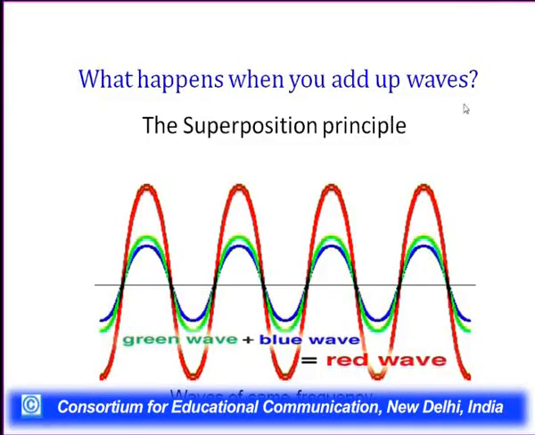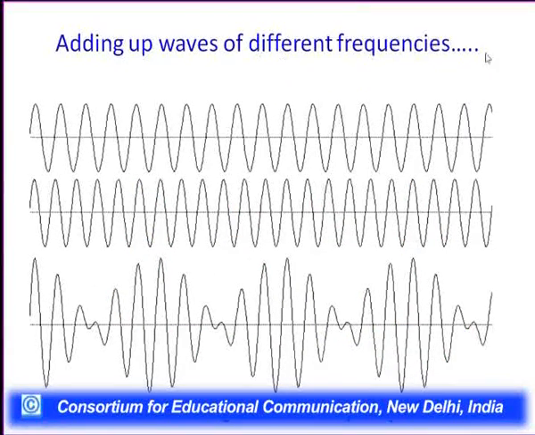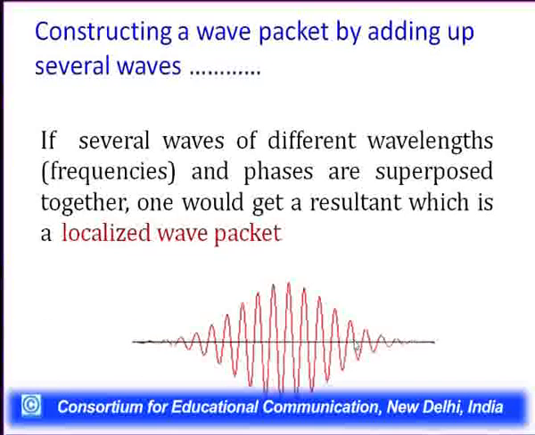Then for waves of the same frequency, what happens when the waves are added? The superposition principle takes place when different waves, here the green wave, blue wave and red wave, of the same frequency are added, and they combine with each other. Then adding up waves of slightly different frequencies, they are combined together, constructing a wave packet by adding up several waves.